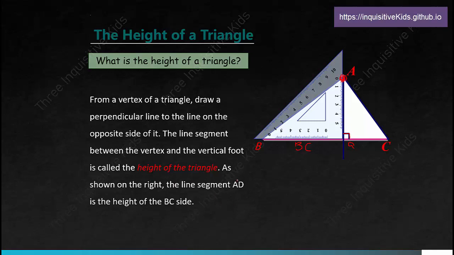And that is the height of the triangle. As shown on the right, the line segment AD, with this point over here, D, is the height of the BC side.